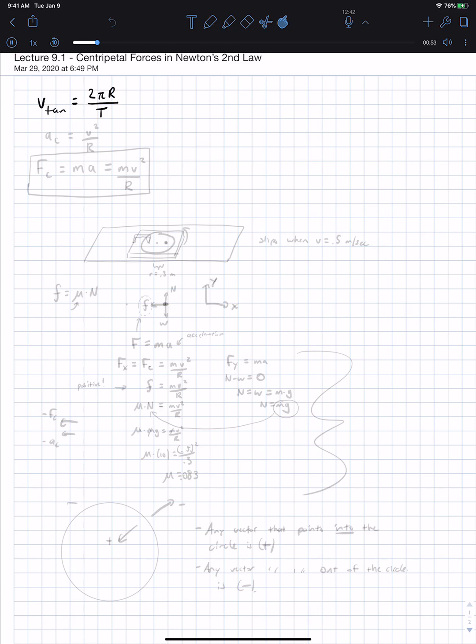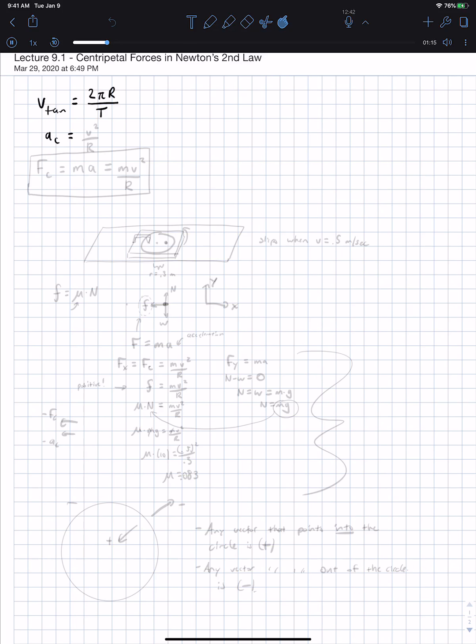Then we talked about the centripetal acceleration. Centripetal means center seeking, so centripetal acceleration is always a center seeking acceleration, and that's what causes things to move in a circle. It causes them to change direction.